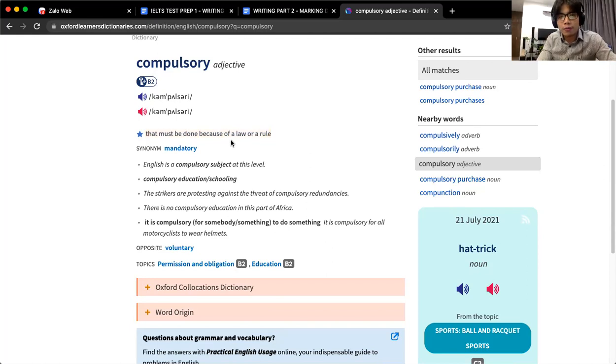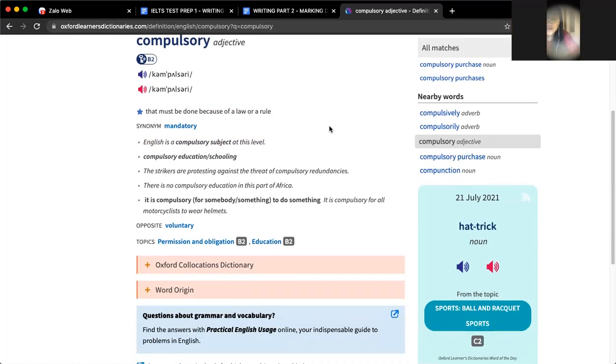Okay, Yulin, after we learn the context, what is next? Then we read the examples of that word.